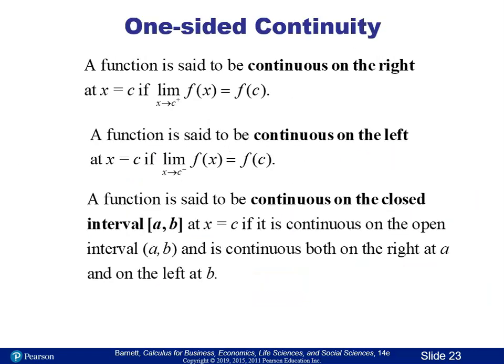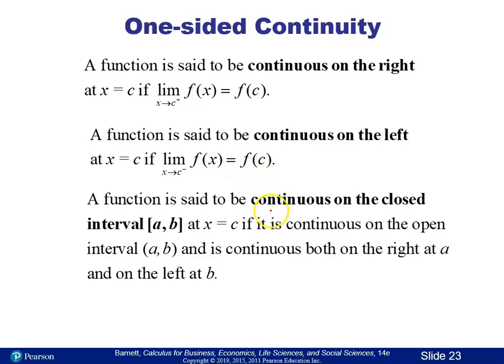Okay, just a couple other things here. You've got a function said to be continuous on the right. So it can just be continuous on one side. It can be continuous on the right if the right-hand limit is equal to the function value itself. It can be continuous on the left if the left-hand limit is equal to the function value.